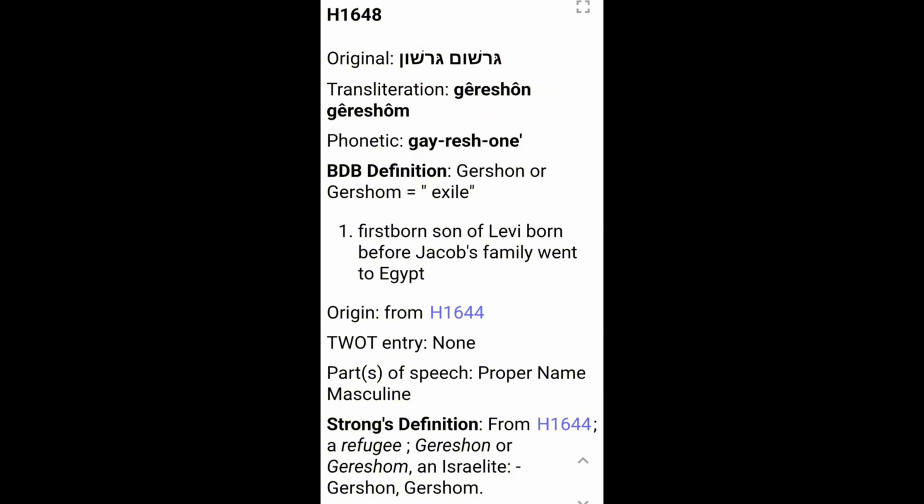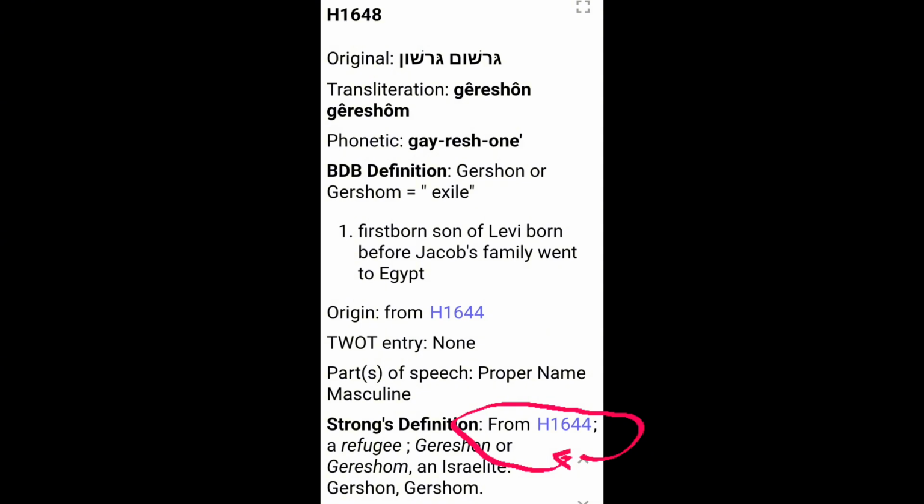And the definition is exile, which is slightly different than foreigner. Exile usually implies a forced travel as opposed to just being in a foreign country. We see Strong's definition is refugee, which usually indicates a fleeing from a homeland and seeking help in another.